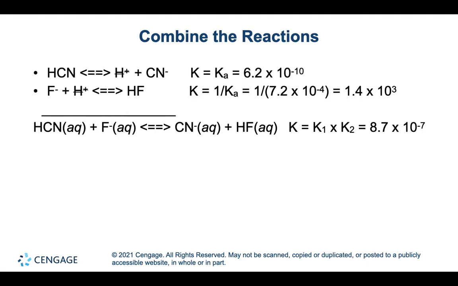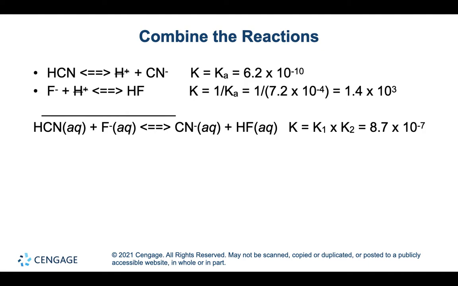Instead of saying HF yields H plus plus F minus, Ka equals 7.2 times 10 to the minus 4, we flip it and say, let's make the reactants products: F minus plus H plus yields HF. So now since we flipped it, we take the reciprocal of Ka, 1 over 7.2 times 10 to the minus 4, which comes out to 1.4 times 10 to the third.